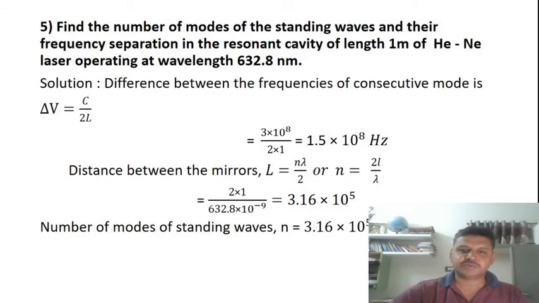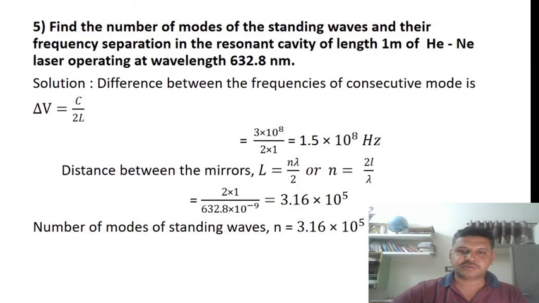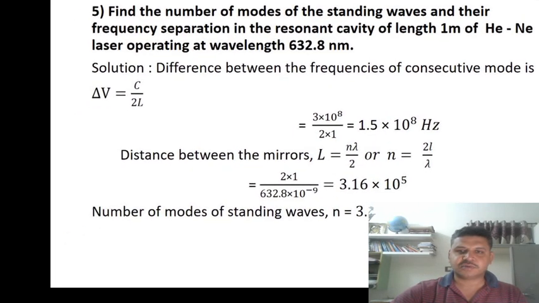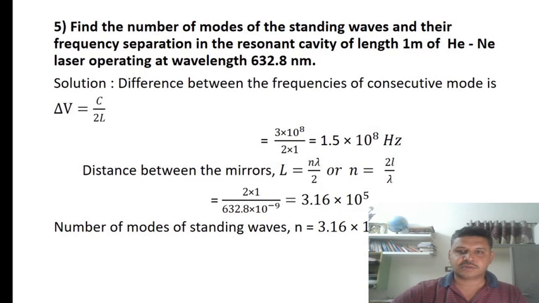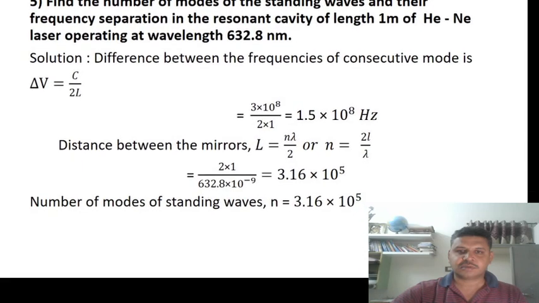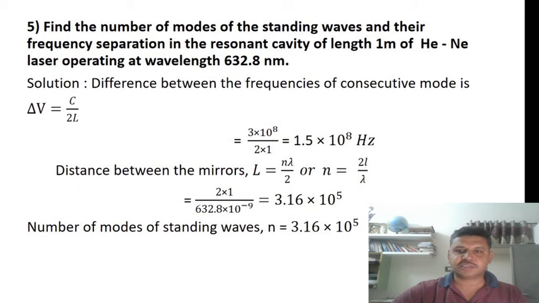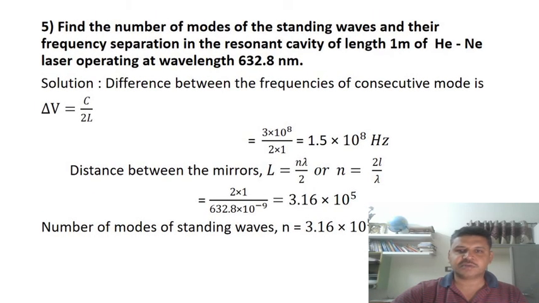So the number of modes of standing waves, n, is equal to 3.16 into 10 to the power of plus 6. Like that, here we are going to calculate how many modes of standing waves there are, and the frequency separation of the resonant cavity. So it is also very easy.